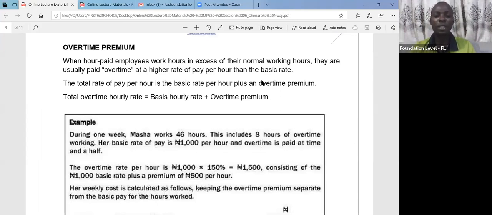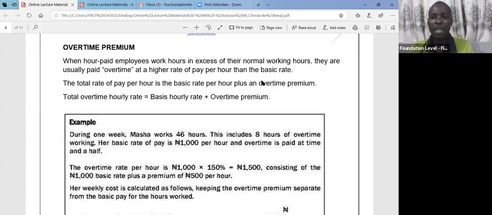Now, this is how we are going to calculate her weekly costs, knowing fully well that the overtime premium part is kept separate, not the whole overtime. What do we mean by premium?